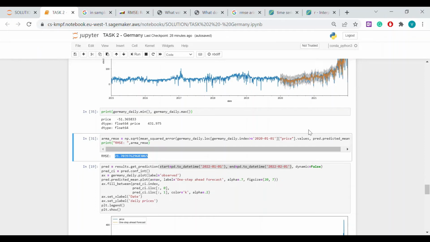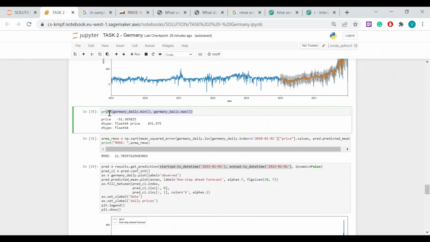This measure should be considered in relation to the target that we are predicting, so it cannot be compared across different domains. It is also in the units of our initial time series, so in our case in the price units.